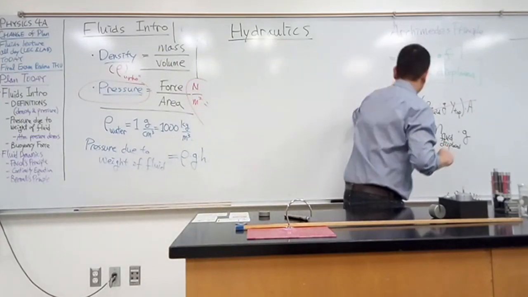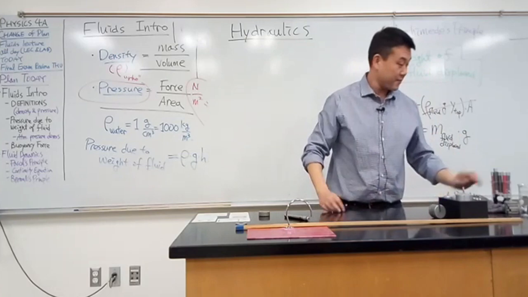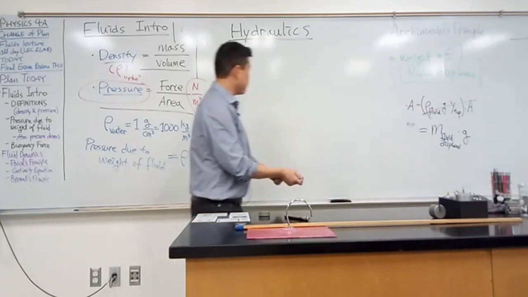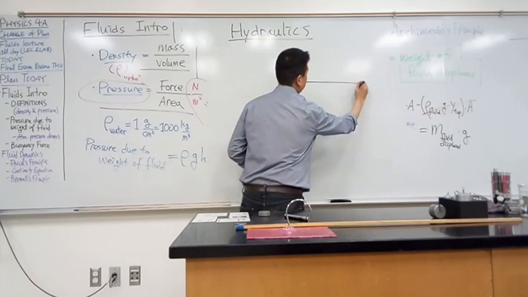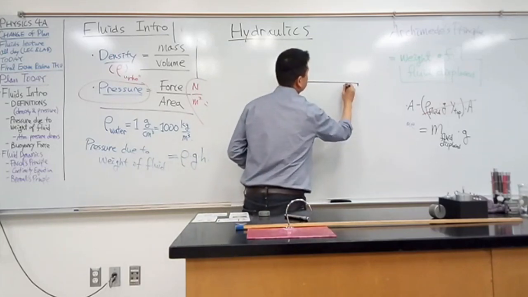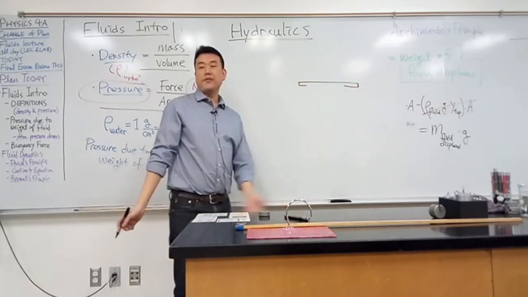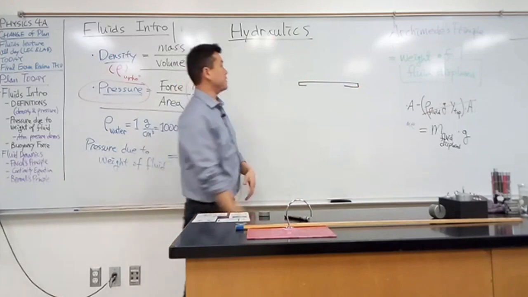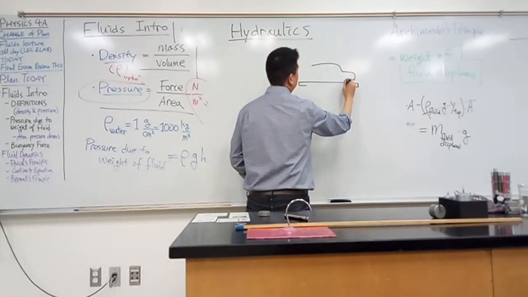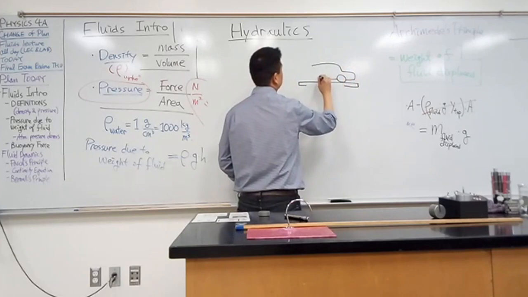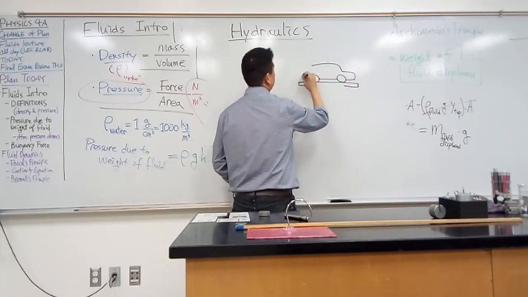And this is the kind of setup. Let's use a car as an example. Let's say you have a platform that has a 2,000 kilogram car sitting on it. It'll be something simple like a tiny sedan that's only 2,000 kilograms heavy.